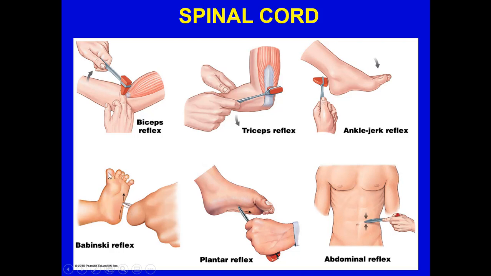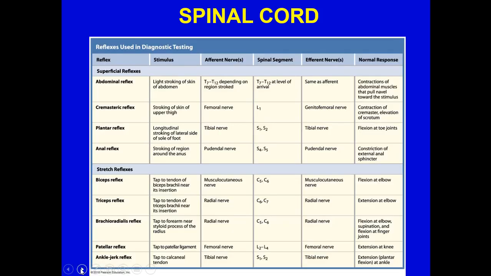That's a positive Babinski. That's expected for children under the age of 2 because they have not completed myelination. Okay? When myelination is complete, and normally you'd see this in adults, you're going to get a plantar reflex where they're going to curl their toes downward. All right? Now, I would encourage you to try to review some of these.